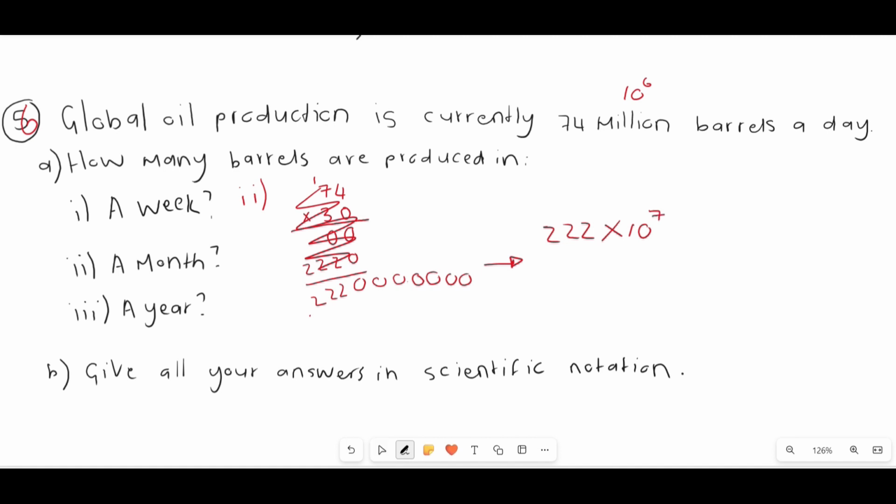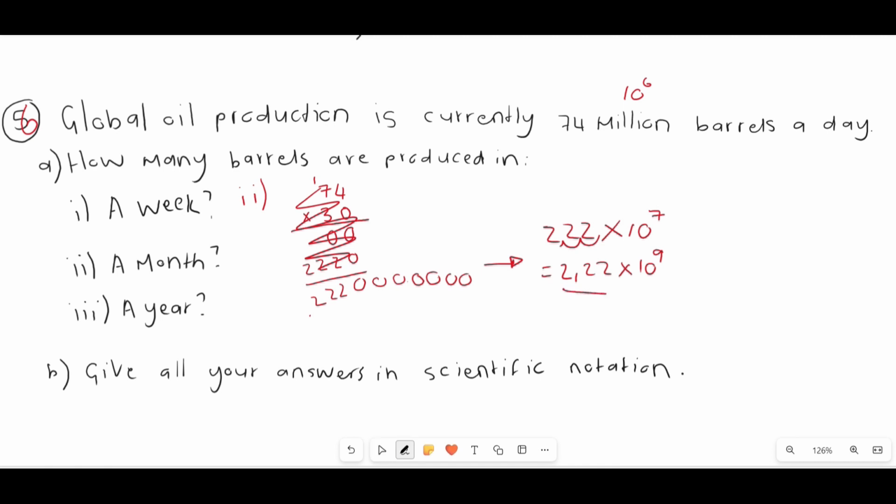Now, we know that we need only one digit, so let's move our comma 1, 2 spaces. So now it's going to become 2 comma 2, 2 times 10 to the power of, what is our new exponent going to be? It was 7, but we moved our comma 2 spaces back, which means this now needs to turn into 9, because 7 plus 2 is 9.